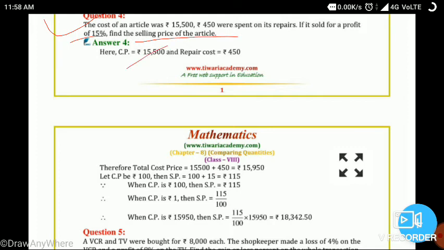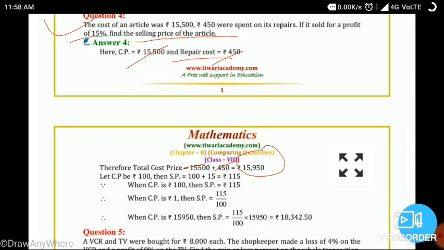Okay, so see students, here CP is equal to what? Rupees 15,500, and the additional cost, the repair cost, is given as rupees 450. So the total cost price is equal to what? So CP plus repair cost is equal to the total cost price. So we add both numbers, rupees 15,500 and rupees 450, so we will get 15,950.